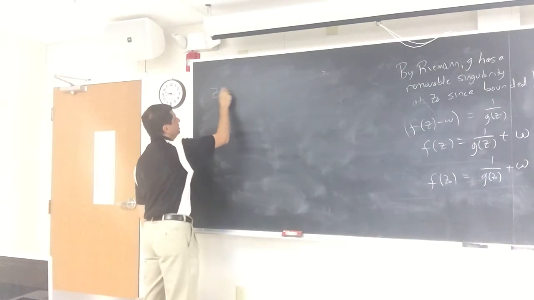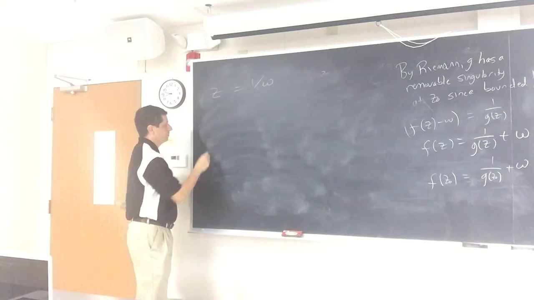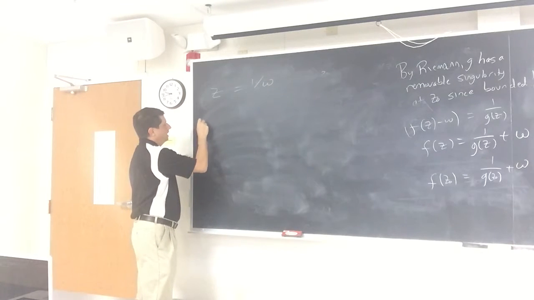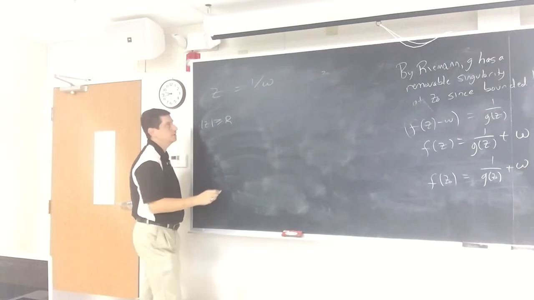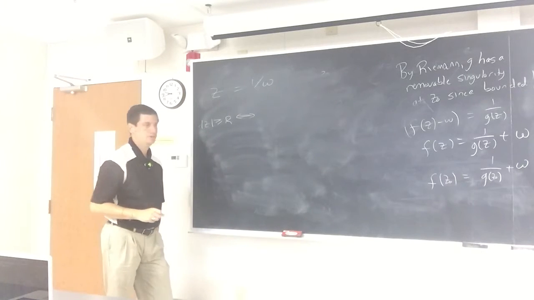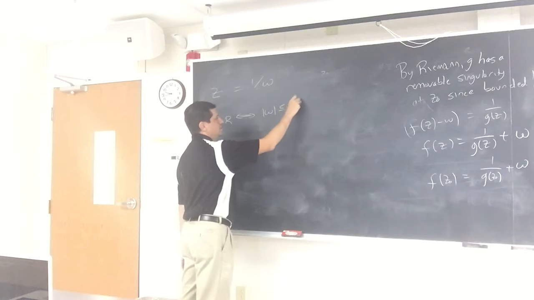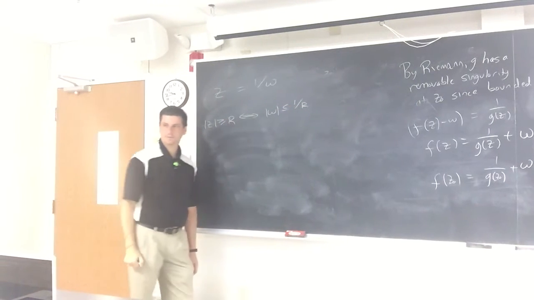So here's z, and let's let that be 1 over w. So if you think about the absolute value of z greater than or equal to r, that gets mapped to the absolute value of w less than or equal to 1 over r.